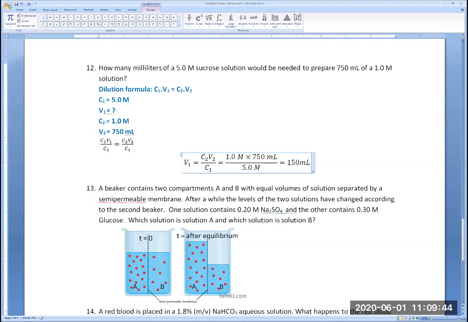So about sig figs, how many sig figs in 1.0? Yes. And then 5.0 is the same. And then 750 milliliters, how many sig figs?